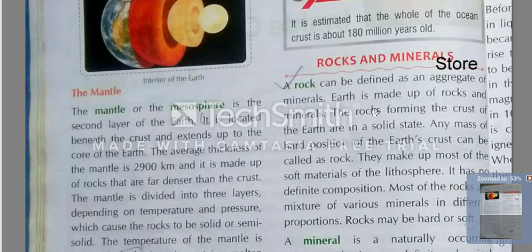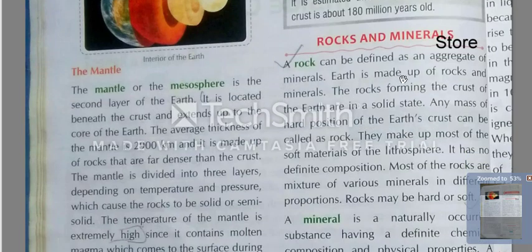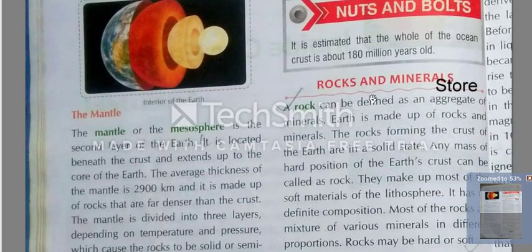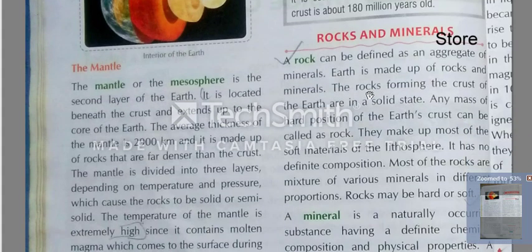And earth is made up of rocks and minerals. Earth is made up of rocks and minerals. Means during the making of earth, we can say it's a mix of minerals and rocks. The rocks forming the crust of the earth are in a solid state.